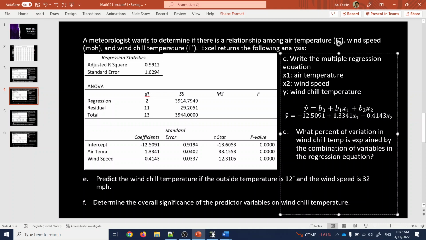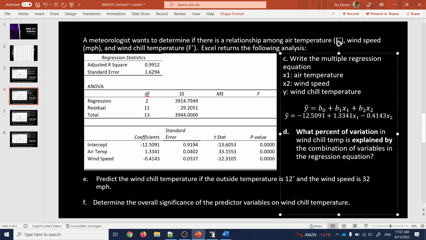All right. Next question. What percent of variation in wind chill temperature is explained by the combination of variables in the regression equation? Okay, so we've used this a lot. What percent of variation is explained by the multiple linear regression?